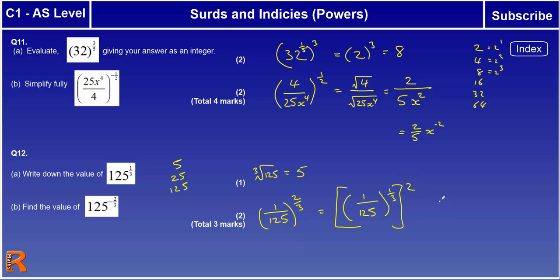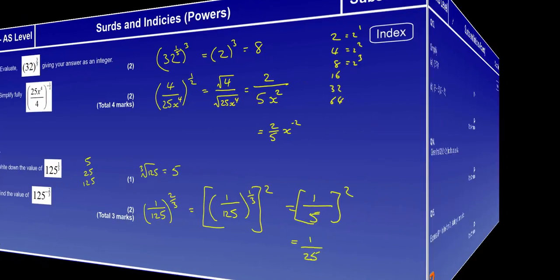So to 1/3, well, we know the cube root of 125, or 125 to the third, is just 5. The cube root of 1 is just 1, so that's going to change to that, and then we want that squared, so we times the top by itself, which is 1, and the bottom by itself, which is 25, so 1 over 25.